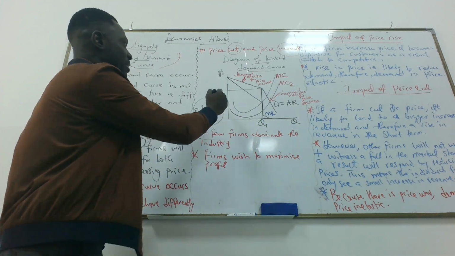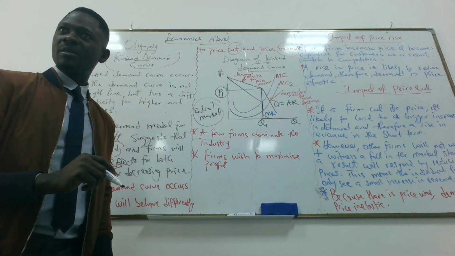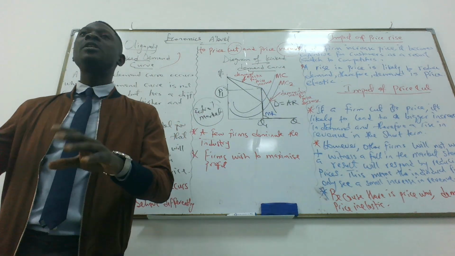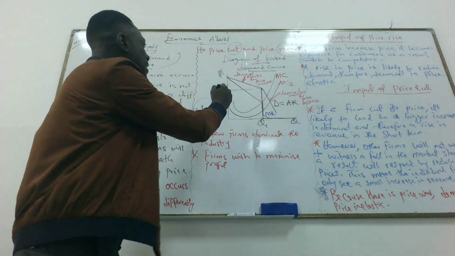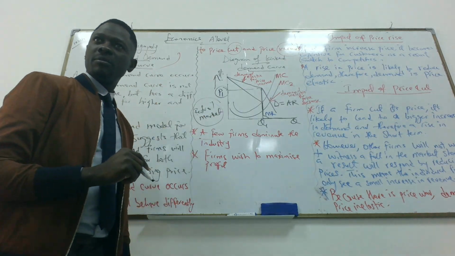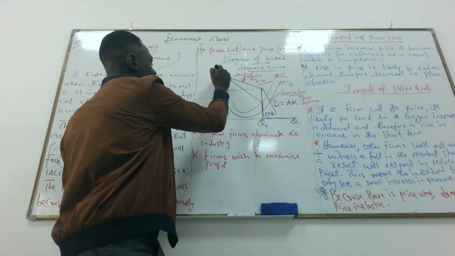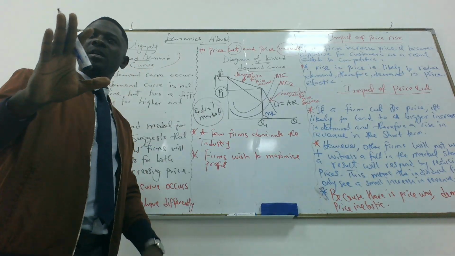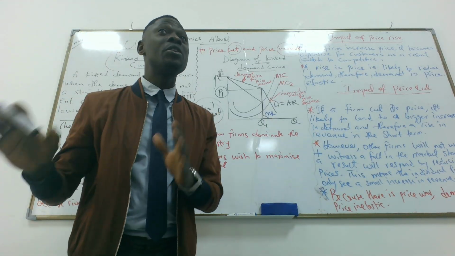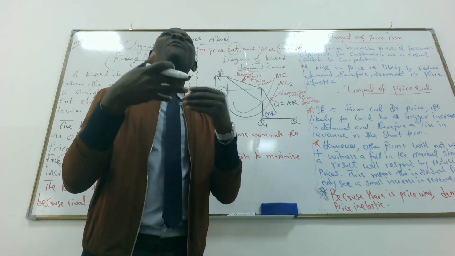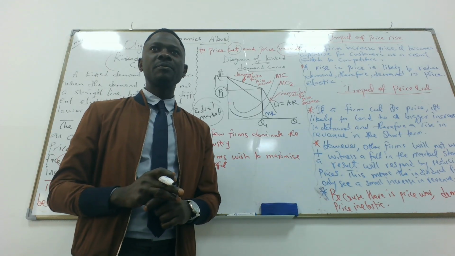So let's assume the price is this. This is the market price, the agreed price in the oligopolistic market. If a firm increases the price, you increase the price up to here. Increasing price means the demand for your product will start reducing because the price becomes not affordable for consumers.